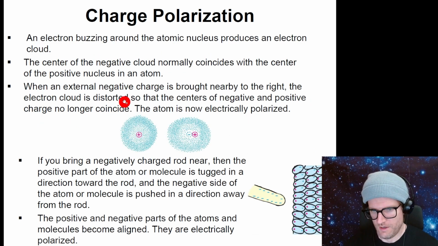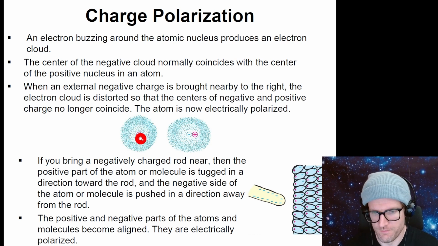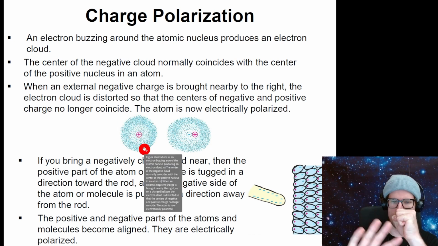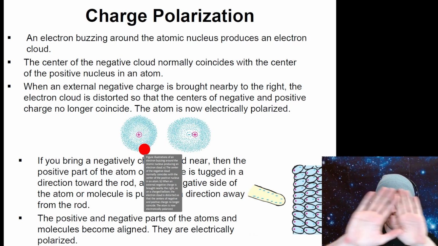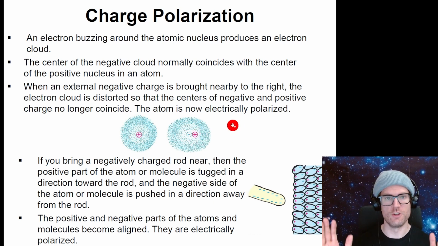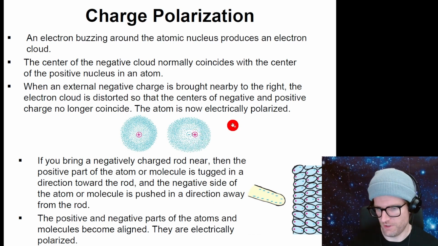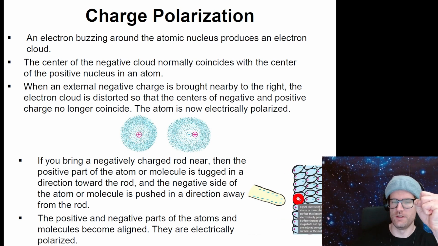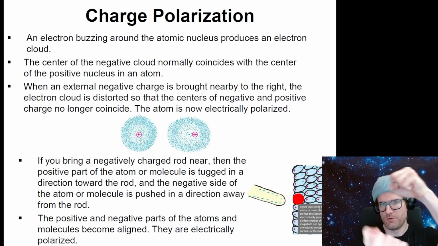Let's start with this picture here. It looks like a hydrogen atom with a proton and an electron cloud. Right now, the positive charge and the cloud are completely lined up. If we offset them, so the negative charge is centered somewhere not on the proton, then there's a charge polarization because we separated the charge. Let's look at this picture down here. If we have some polar molecules, one end of the molecule is positive, one end is negative, and it's free to rotate.